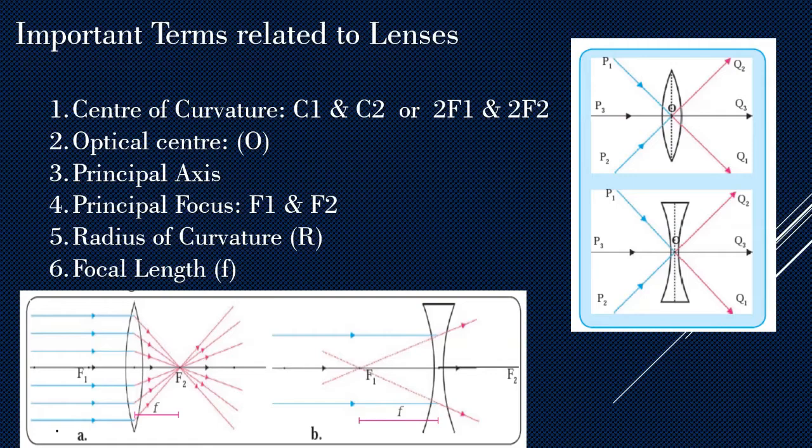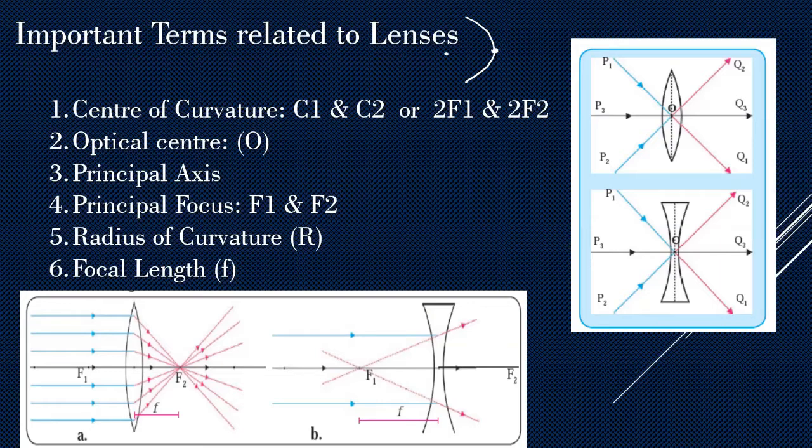We have studied in spherical mirrors that a mirror is a part of a spherical surface, so it will have a center of curvature. The center of the spherical mirror is called the pole, right? The line joining the center of curvature and the pole is called the principal axis.